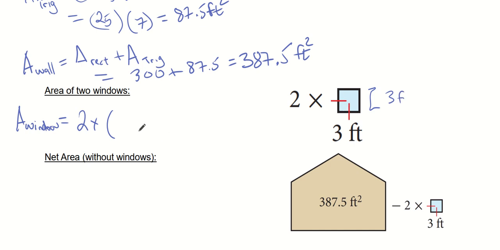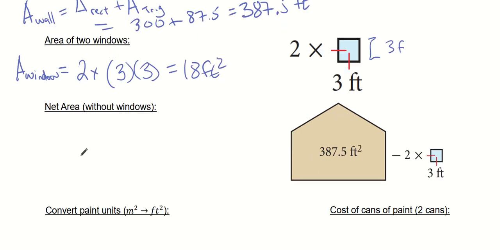That's what these ticks mean. So you can say 3 feet times 3, and in this case that would equal 18 feet squared.